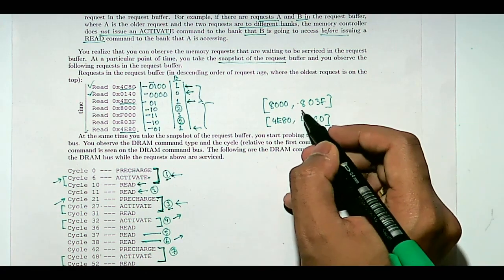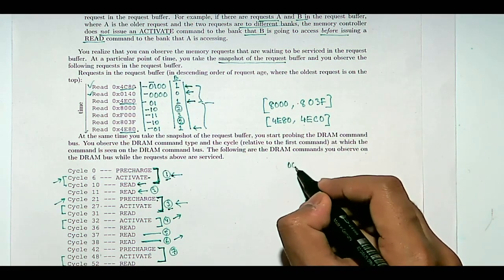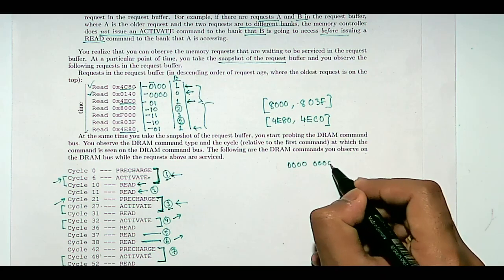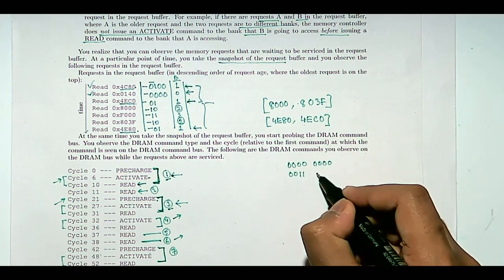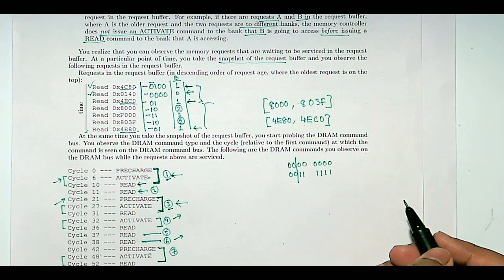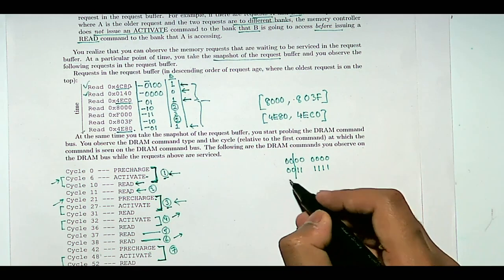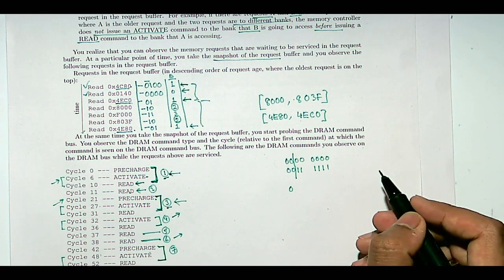So let's see. If we decode the last two hexadecimal bytes, it's basically 0000. This is 1, and this sequence would be 0011, 1111. So that gives us this boundary, right? Now another one would be, wait, this is what? 0800.